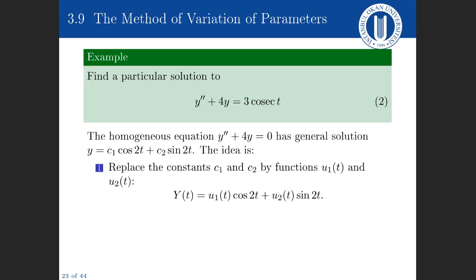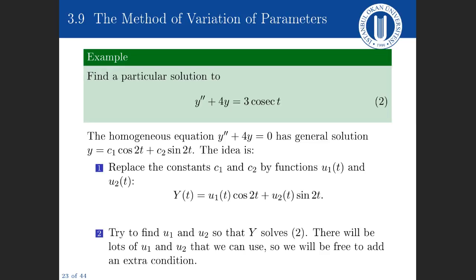We're going to replace these constants by some unknown functions. Let's say u1(t) and u2(t). And then we're going to try to find u1 and u2 so that capital Y solves the equation, a similar idea to an idea we've done in reduction of order. Key thing to note here is there's going to be lots of u1 and u2 that we could use.